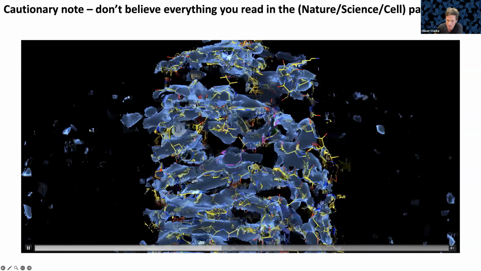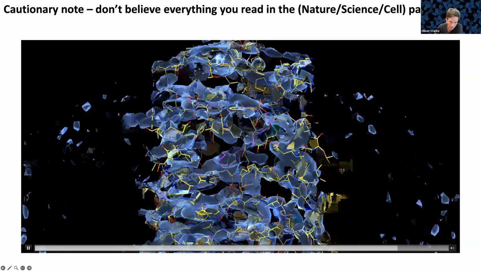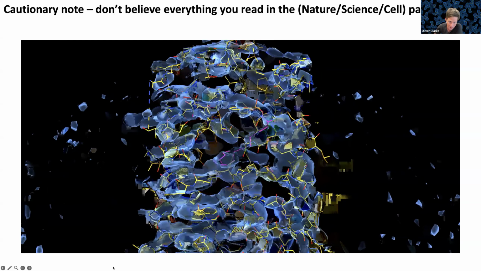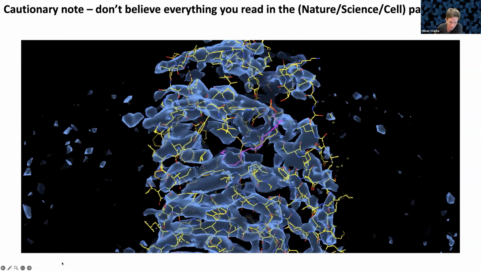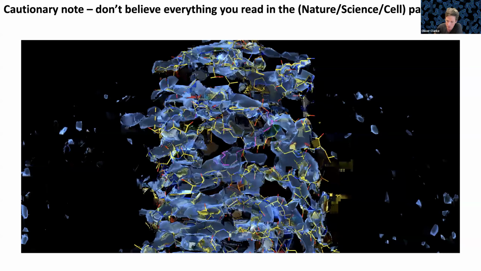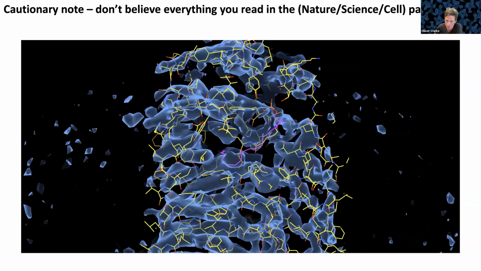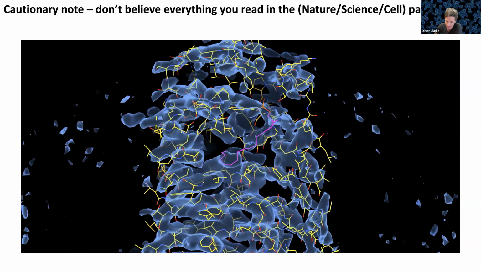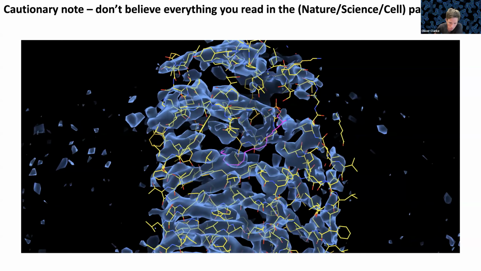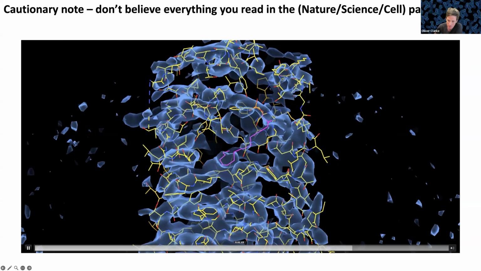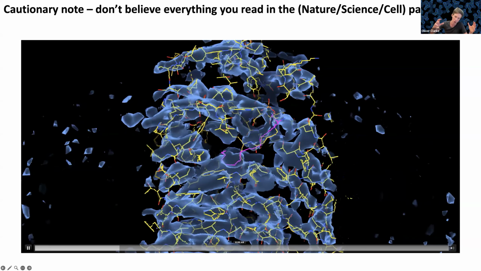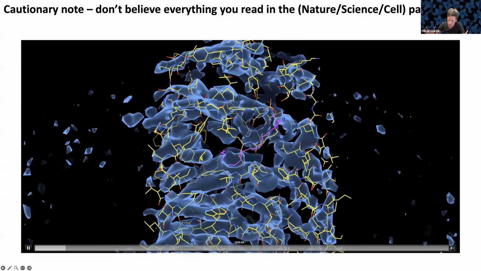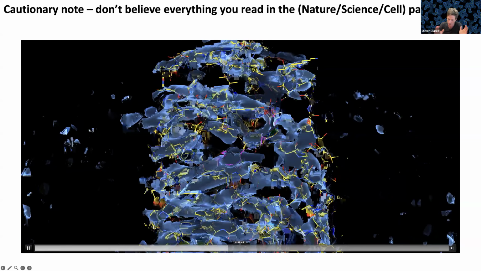I apologize. There seem to be some glitches with the movie. One of the issues there, apart from the display of data, is that often a global resolution will be reported, but few details will be given about the local fit to map or the local resolution in the region that actually matters. Quite often this happens for GPCRs because GPCRs will be solved as a complex with the heterotrimeric G protein, and the soluble heterotrimeric G protein region will be beautiful, very nice.